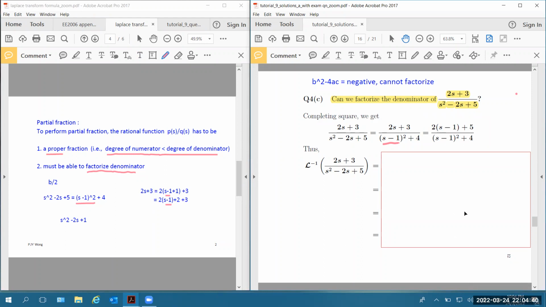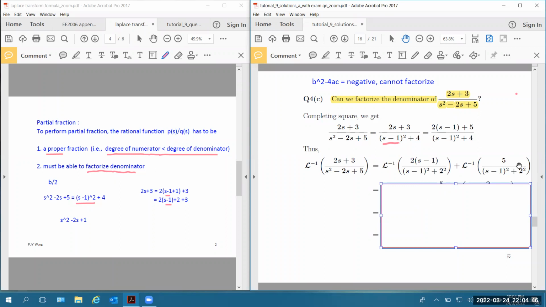After this, you're now ready to inverse Laplace transform. What you do here is you take this one over the denominator, and then plus this number over the denominator.